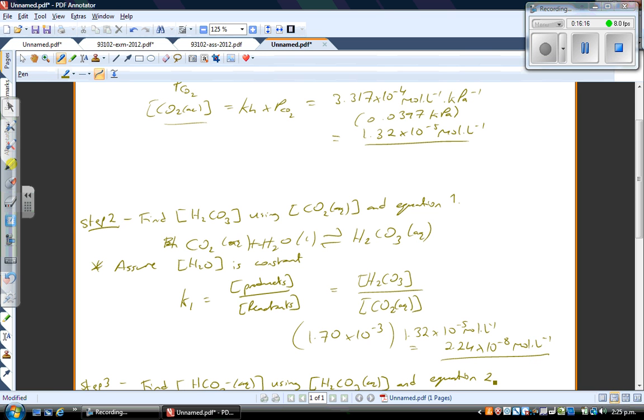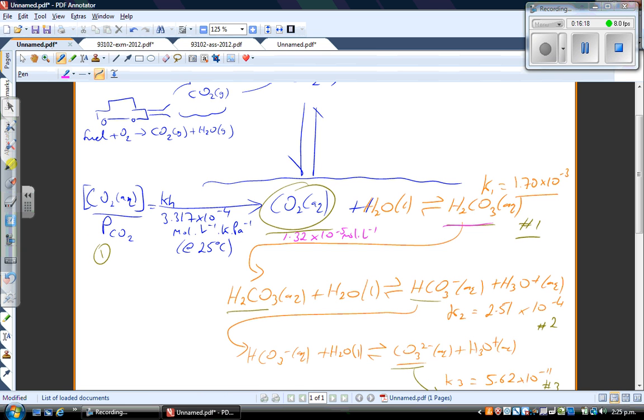So if we revert back to our original page here, use our pink, and therefore the concentration of our carbonic acid we just found is 2.24 by 10 to the minus 8 moles per liter. So we're moving well now.